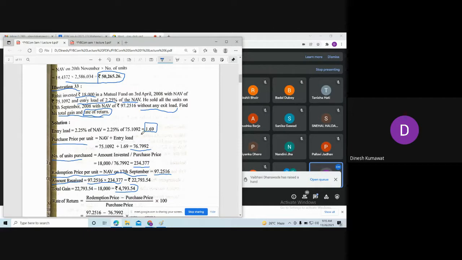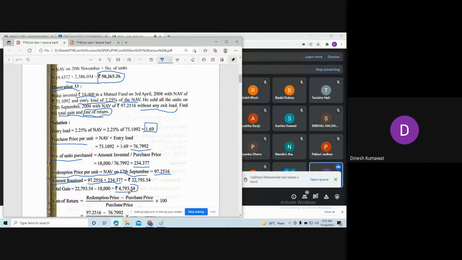Now see, as there are loads involved in my problem, we are converting redemption net asset value and purchase net asset value in terms of redemption price and purchase price. So originally we have the formula of rate of return as redemption net asset value minus purchase net asset value divided by purchase net asset value multiplied by 100.